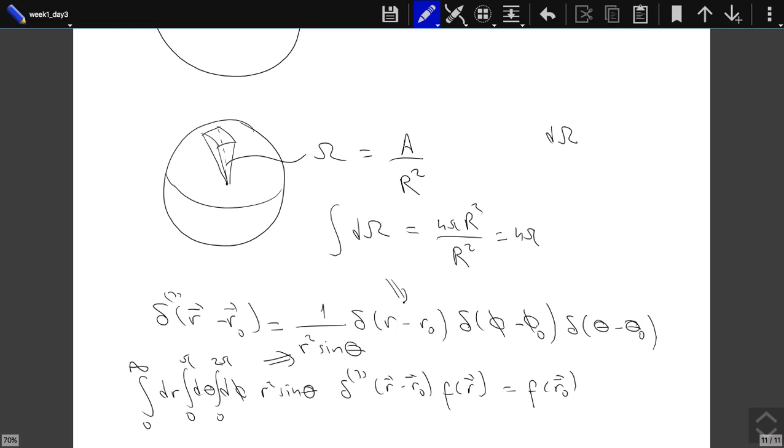What if it was on the outside boundary? Now, you see, in this example, we know that if we are integrating over a volume which contains the origin, the Dirac delta gives its full contribution. We already know that. If you want to use the spherical coordinates to describe that Dirac delta, then there's an ambiguity over there.